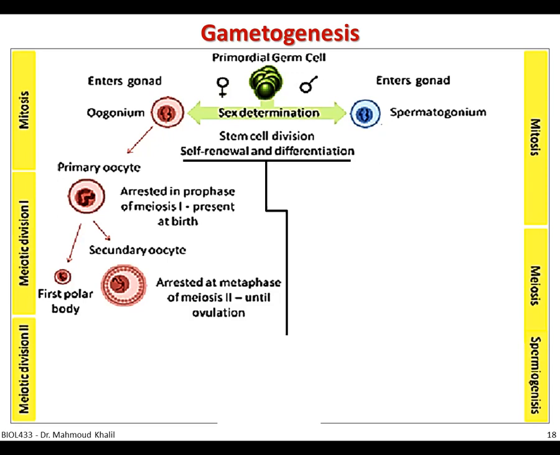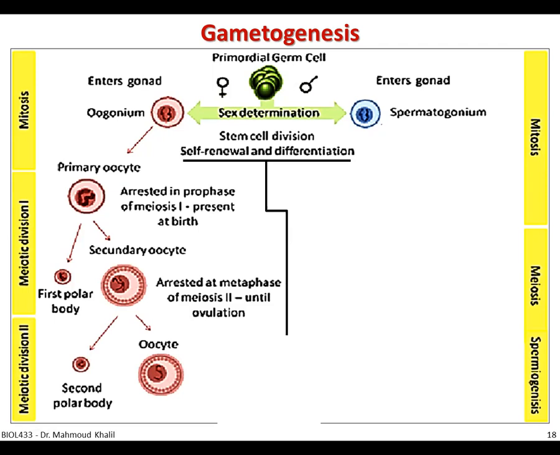This secondary oocyte is arrested at the metaphase of meiosis 2 until ovulation. For meiotic division 2, the secondary oocyte is divided unequally as well to form a second polar body and the oocyte. And in this case, the oocyte is ready for accepting the sperm.